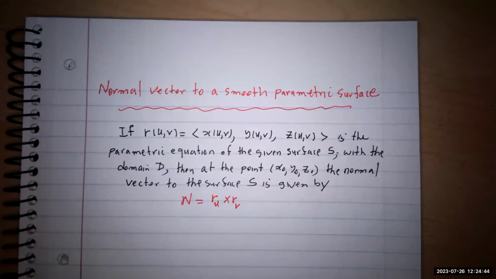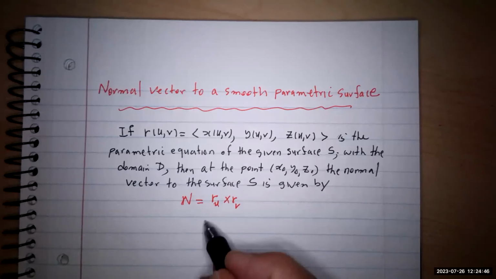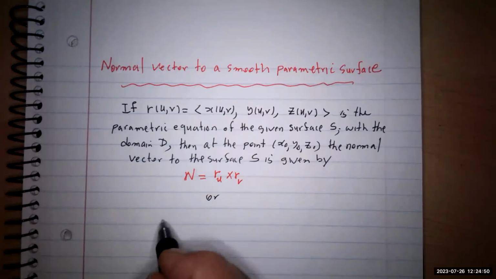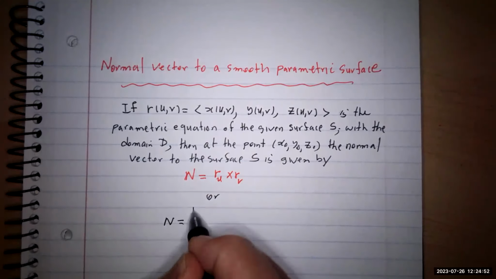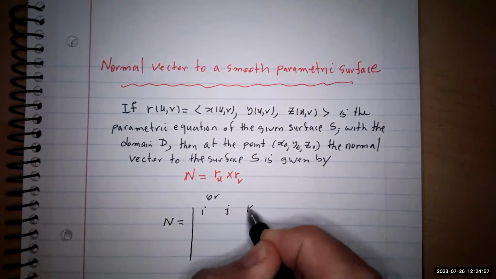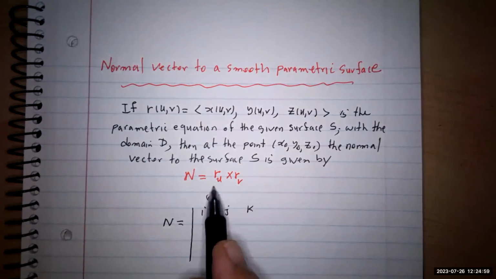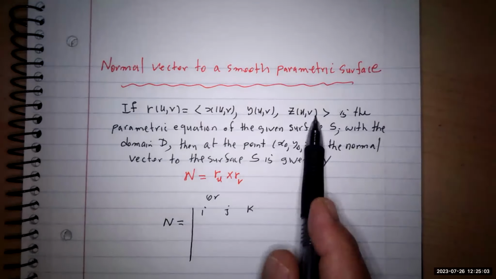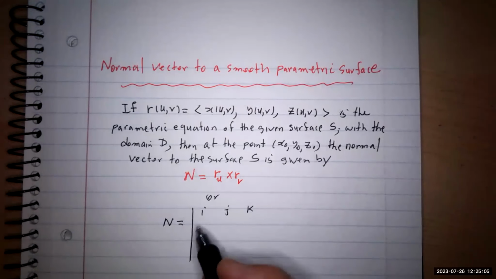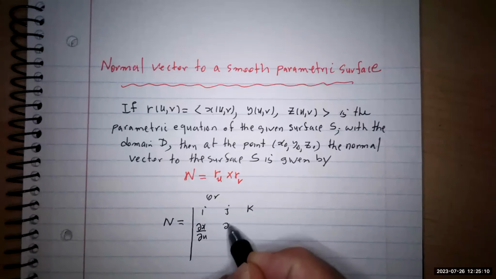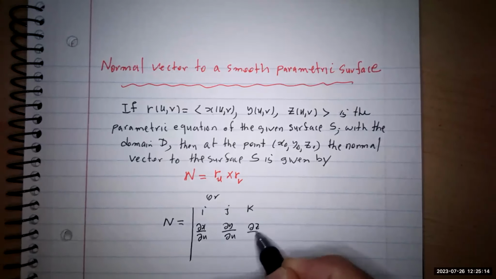Okay, it's a cross product, so let me remind you the formula. The cross product, remember, n is going to be the determinant of this matrix. The first row is going to be i, j, k. Then r sub u, the differential with respect to u: we're going to have partial x partial u, partial y partial u, and partial z partial u.